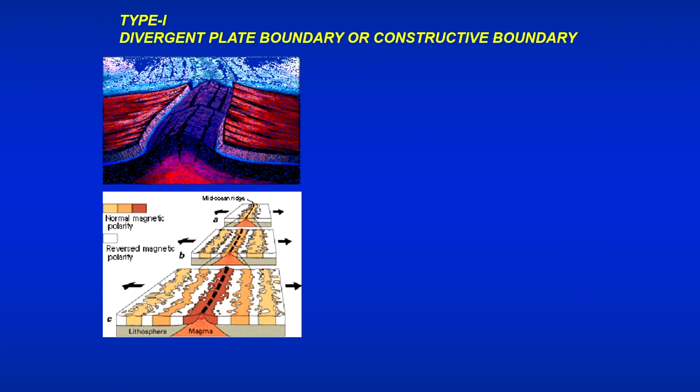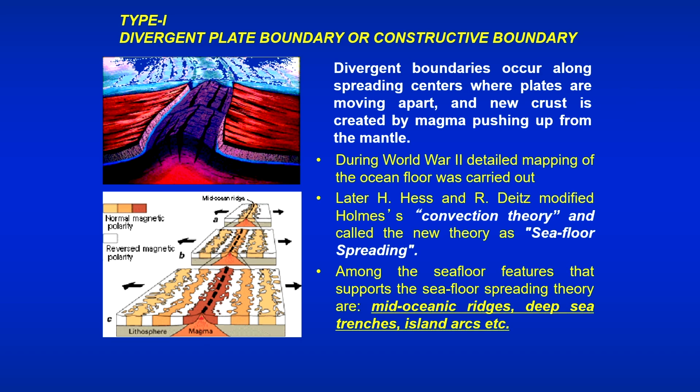So, during the Second World War, mapping of the sea floor was carried out to understand the topography of the sea floor, and two gentlemen, Hayes and Date, were able to identify that there is some sort of change in the magnetic polarity in this region.